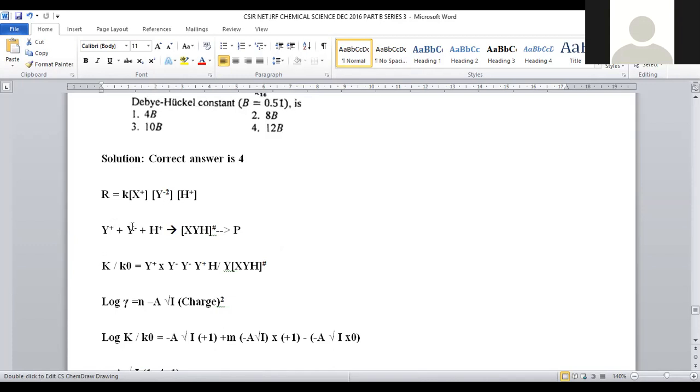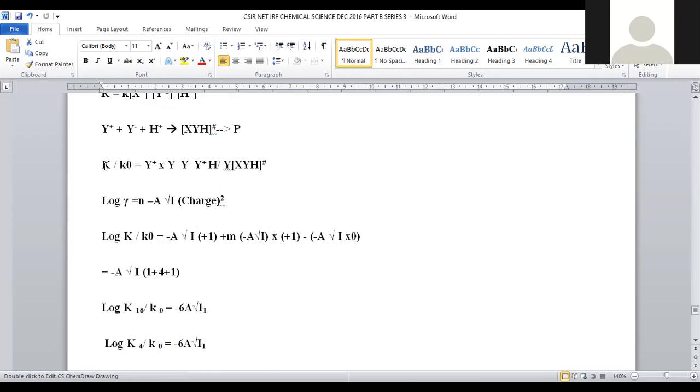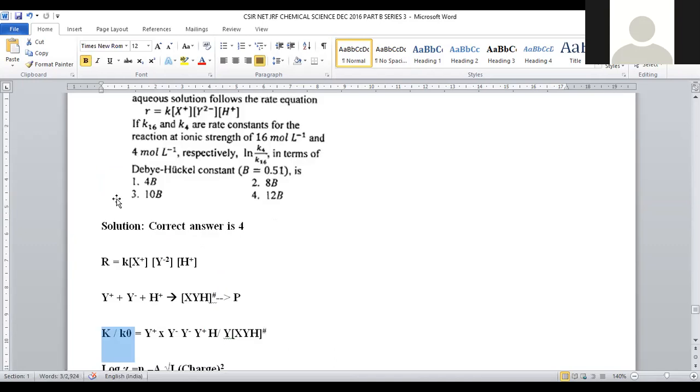Y to the power minus, h to the power plus can be taken as the complex (x y h) to the power hash, so this leads to the formation of the final product. Then we write the ratio K by K naught, given by the activity coefficients of x, y, h divided by that of the complex. So this is the ratio between K and K naught.